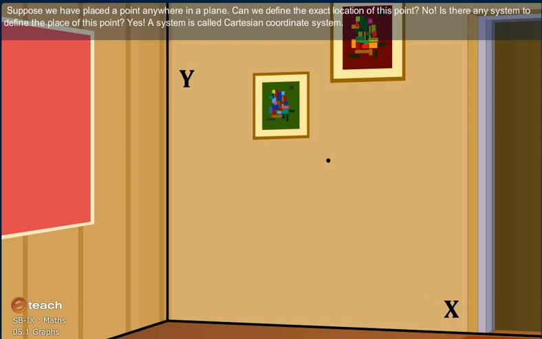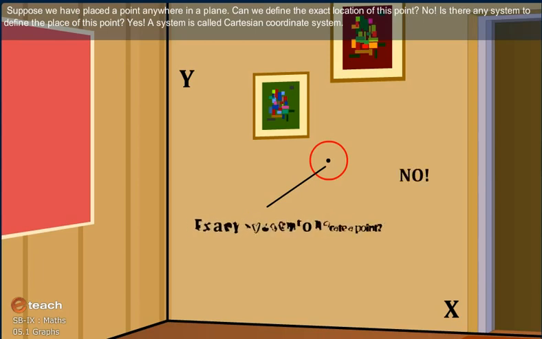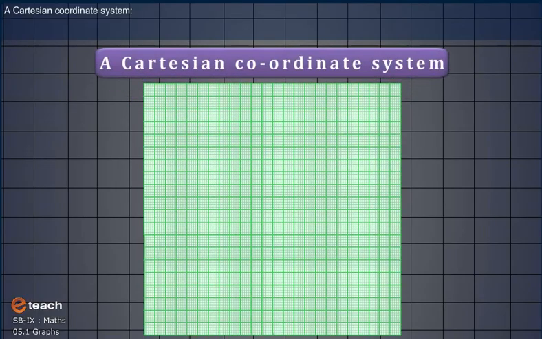Suppose we have placed a point anywhere in a plane. Can we define the exact location of this point? No. Is there any system to define the place of this point? Yes. The system is called the Cartesian coordinate system.